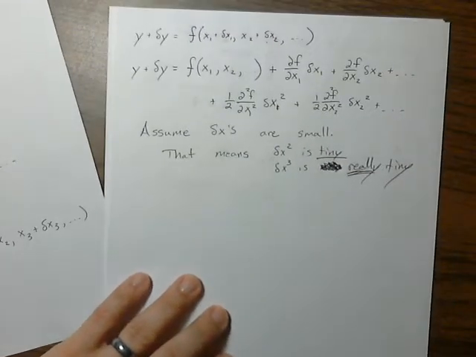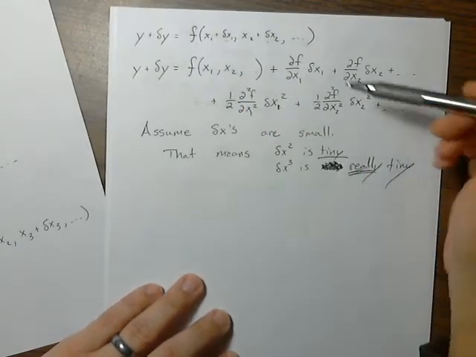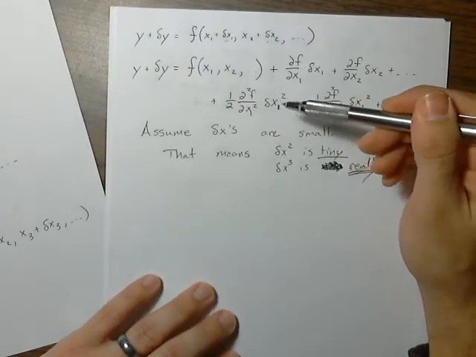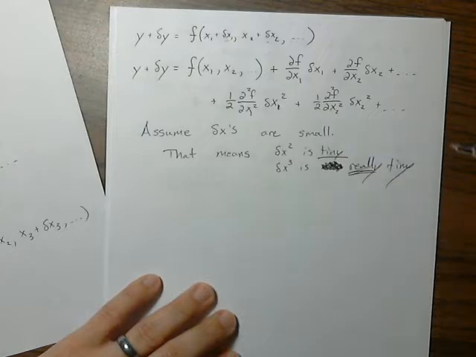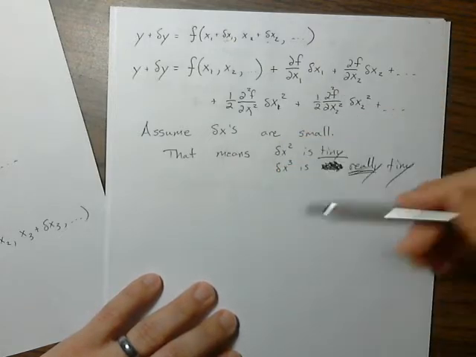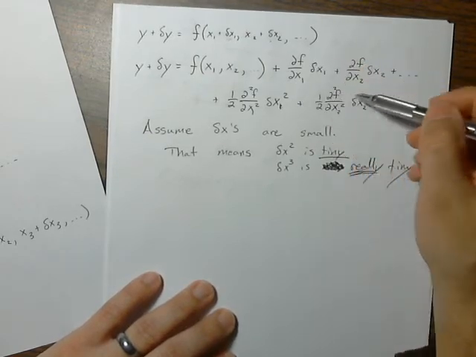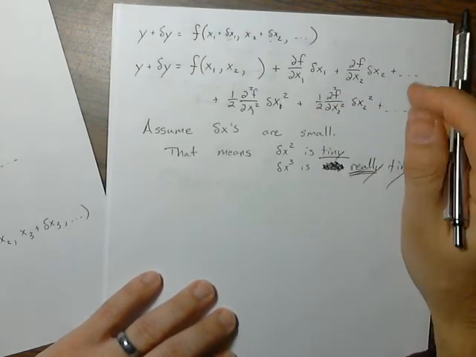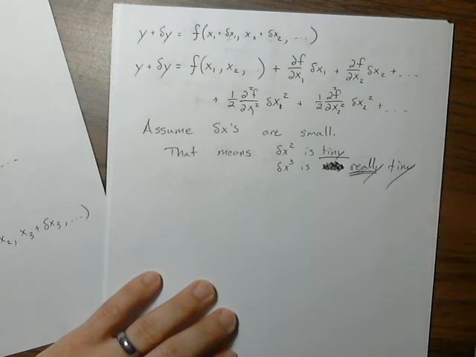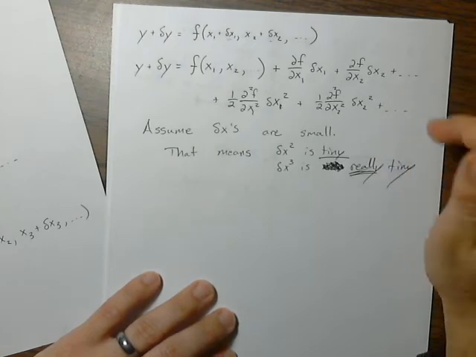So the good news for this Taylor series is the higher order we go, the less those terms matter. They just vanish. They become irrelevant, and we'll only consider these first terms up here, which is nice. That's beautiful. That's nice and simple.